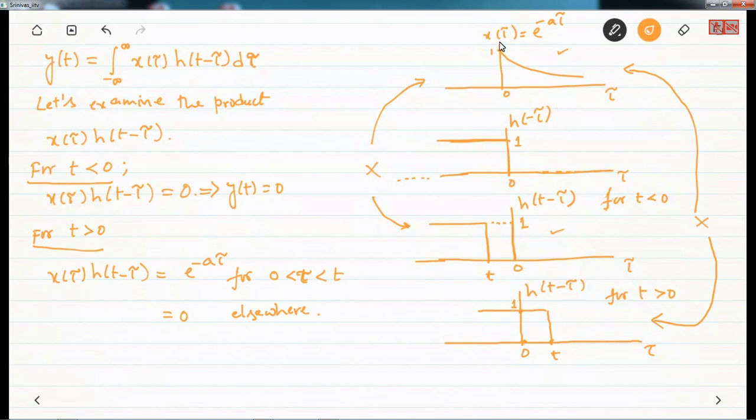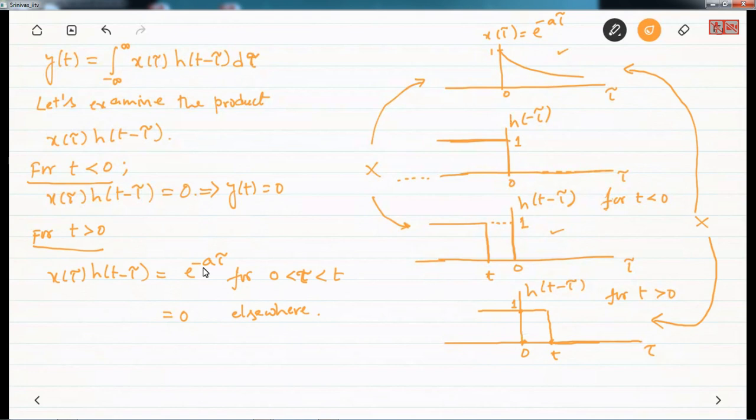See, when you consider t greater than 0, h of t minus tau is this signal, and x of tau is this signal, and when we multiply this with this, what you get is a non-zero signal only in this portion, because after this portion h of t minus tau is 0, and in the left half plane x of tau is 0.